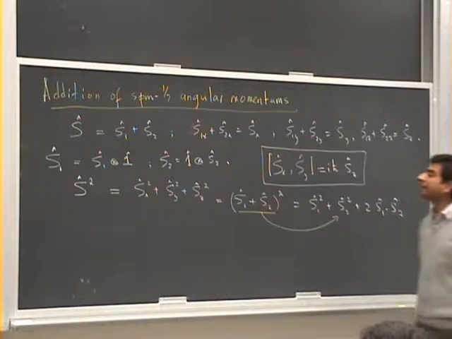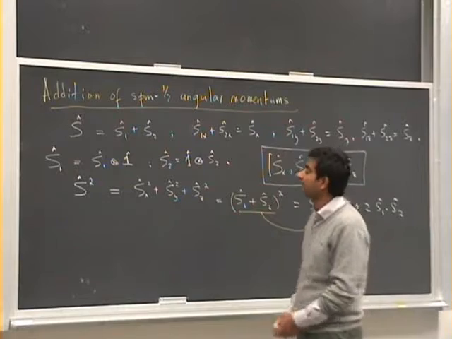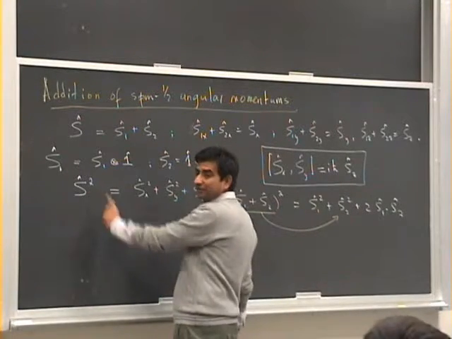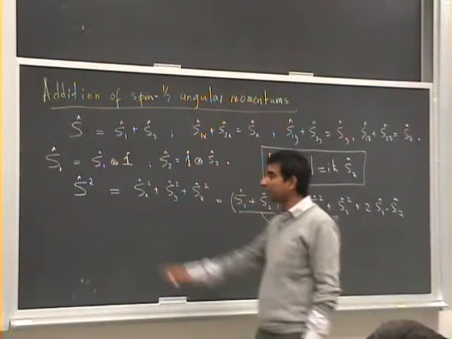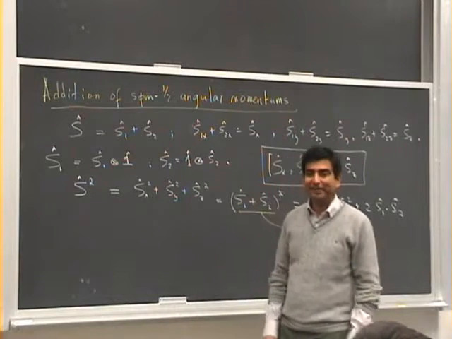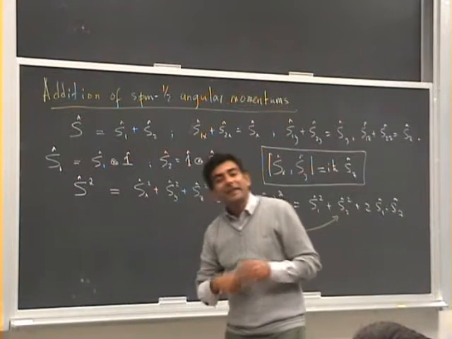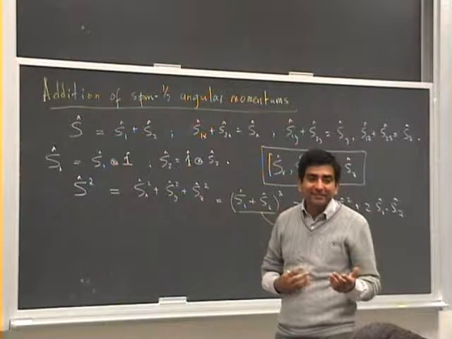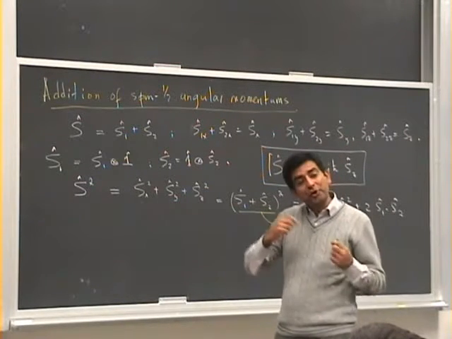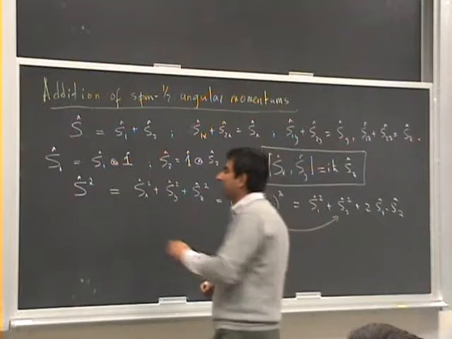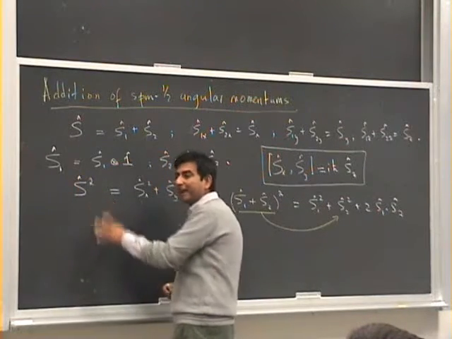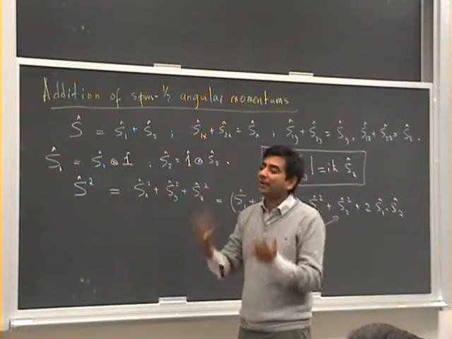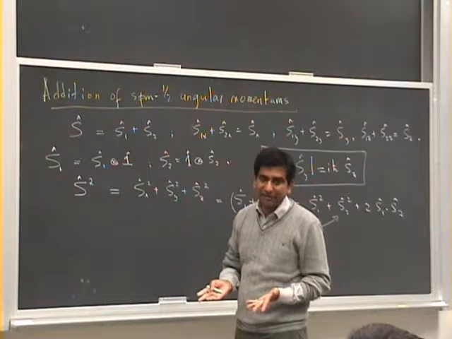Now I would like to find eigenstates of S squared. This is my total angular momentum. So we know that whenever we have an angular momentum operator, J, L, S, we can find joint eigenstates of the square of the operator and its component along any one axis, which we call the Z axis.